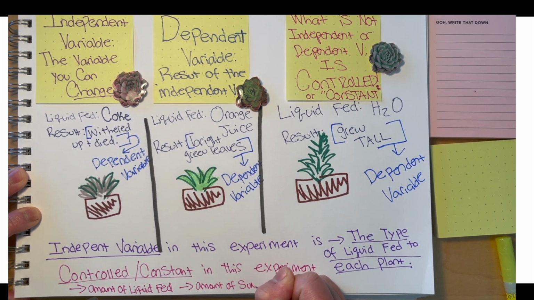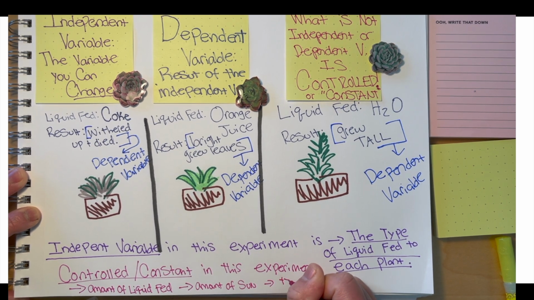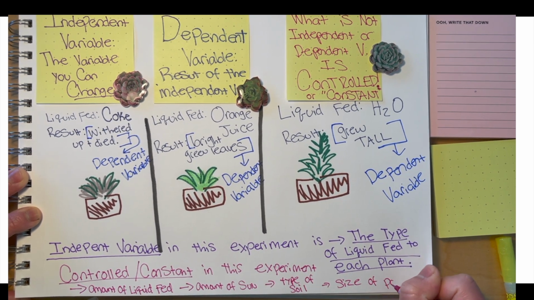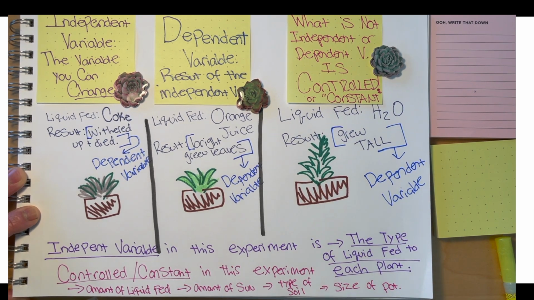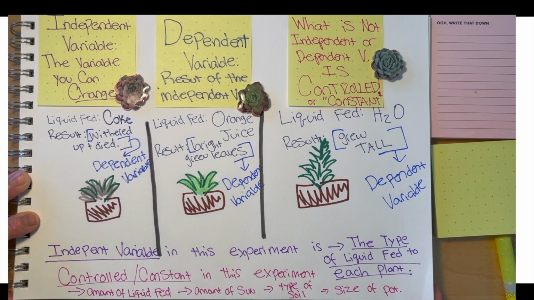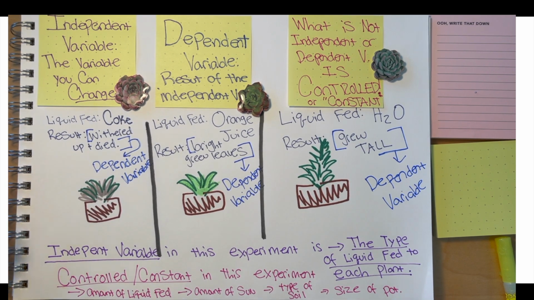The amount of sunlight we give each plant can be a constant. The type of soil we're giving each plant can be a constant. And let's say how big each pot that we put each plant in can be a constant. So everything else, all other variables must be constant except for the independent variable, which is being manipulated.